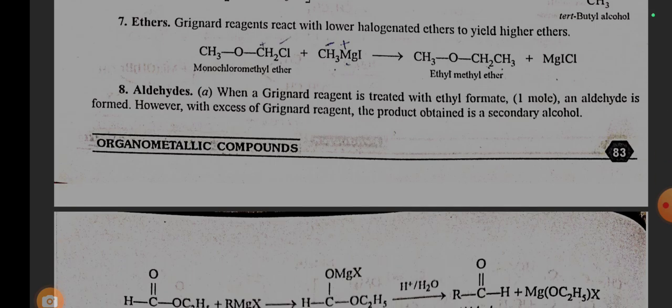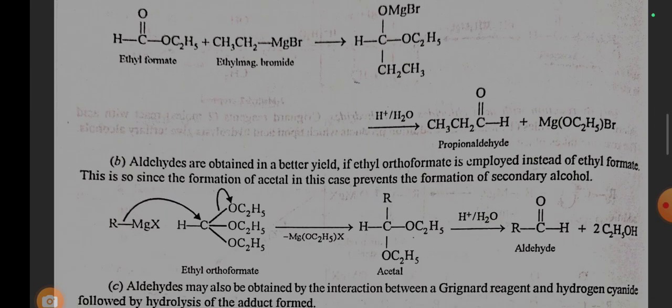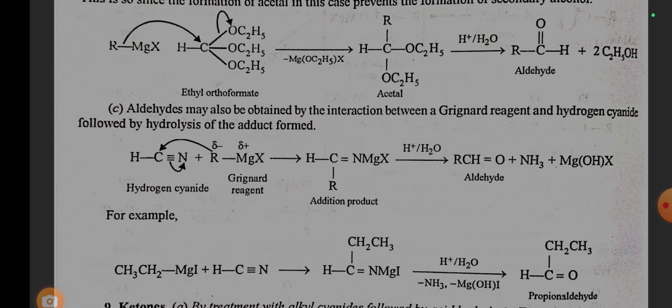8. Aldehydes. When a Grignard reagent is treated with ethyl formate, an aldehyde is formed. However, with excess of Grignard reagent, the product obtained is a secondary alcohol. B. Aldehydes are obtained in a better yield if ethyl orthoformate is employed instead of ethyl formate. This is so since the formation of acetal in this case prevents the formation of secondary alcohol.